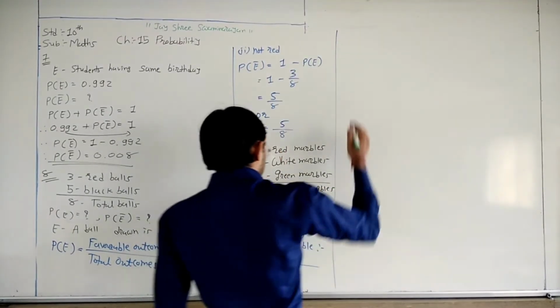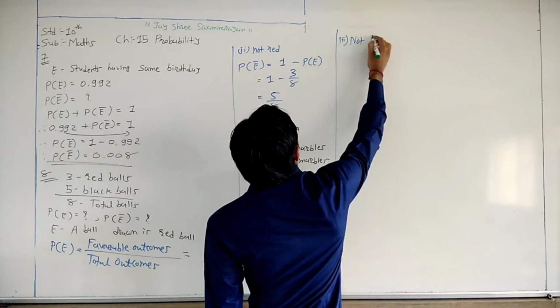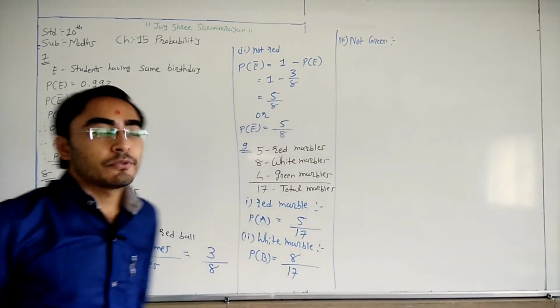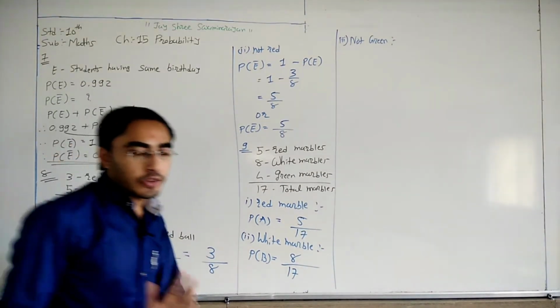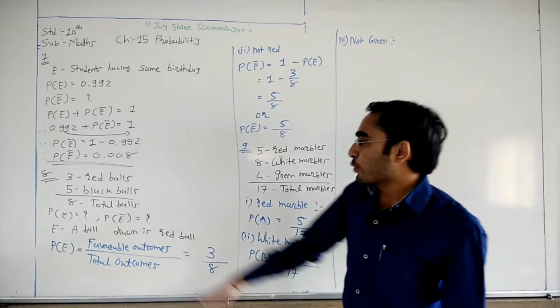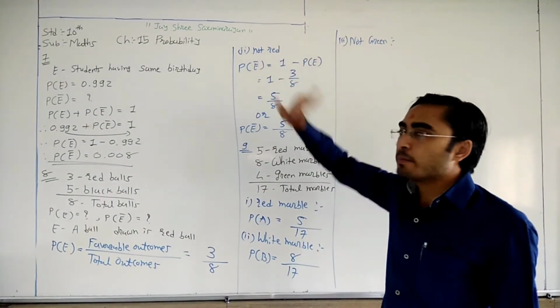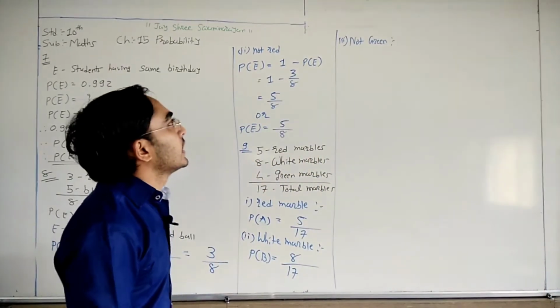Then third question, not green. We need to find the probability for not green. Here even we have 2 ways. First of all, we can find the probability for green marble. After that we can find PE bar. Otherwise, directly even we can find it.